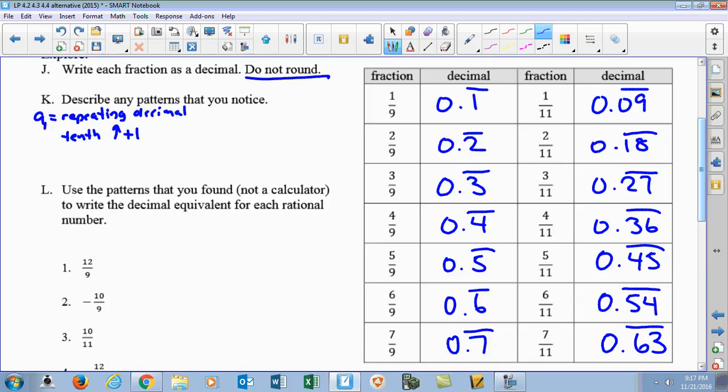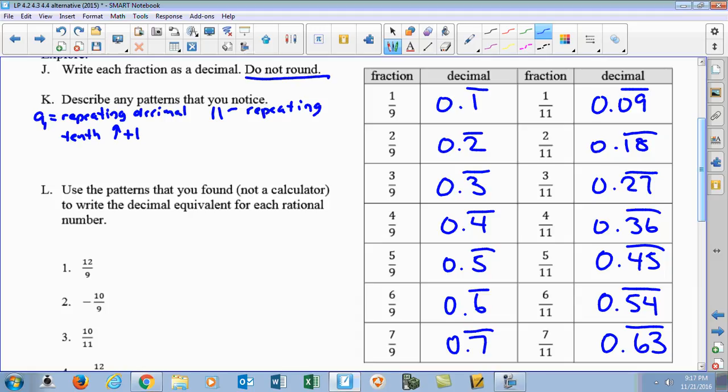If you do the 11, first of all, it repeats every 2 decimal places, so it's still repeating. But instead of every digit, like this one does, this one repeats every 2 decimal places. 18, 18, 18, 18, 09, 09, 09, and so on. But how does that go up?